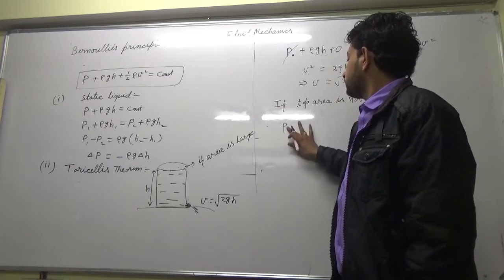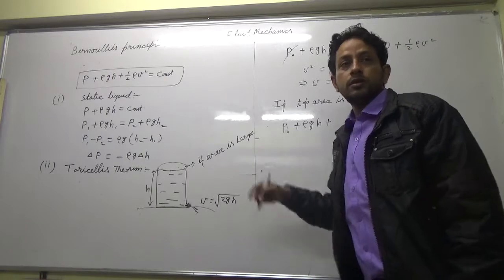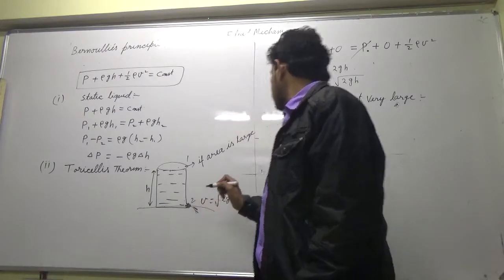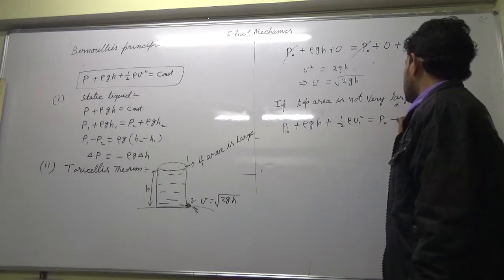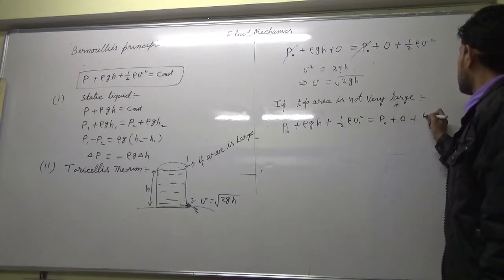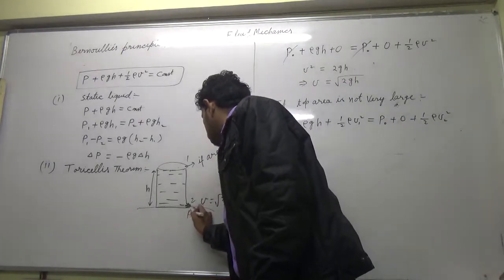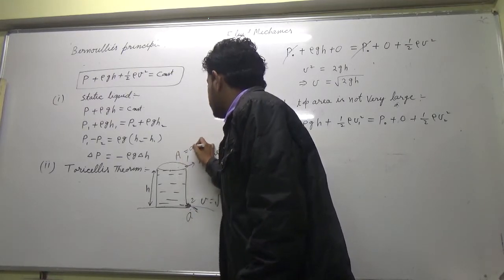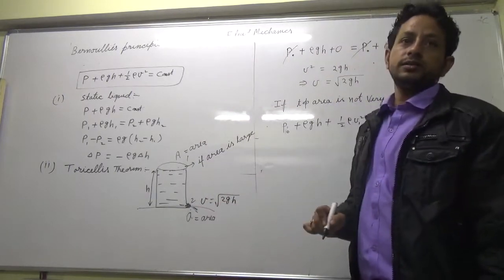P naught plus rho g h plus the velocity term at top. Let's write 1 here and 2 here. So half rho v1 square equals P naught plus rho g times 0, plus half rho v2 square. And suppose we take this area as small a and large A.